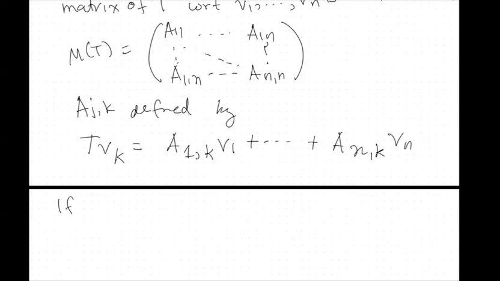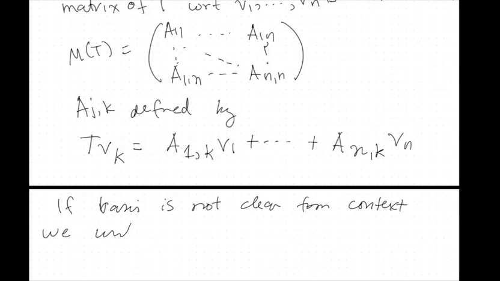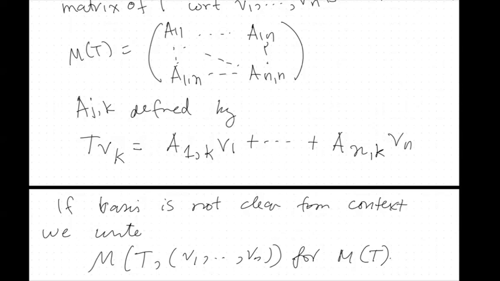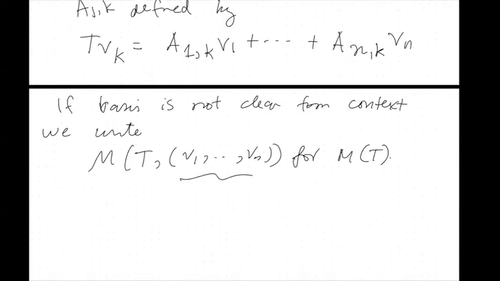If your basis is not clear from the context, we write M(T) and then write the basis v1 to vn, so the basis is specified.